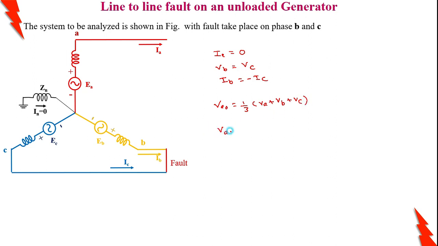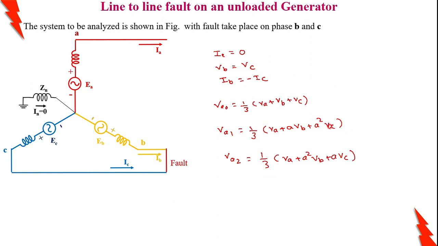Then VA1 is equal to 1 by 3 (VA plus A VB plus A square VC). Then VA2 is 1 by 3 (VA plus A square VB plus A VC). Then we know the condition that VB is equal to VC.